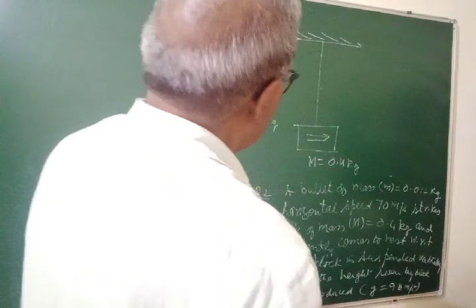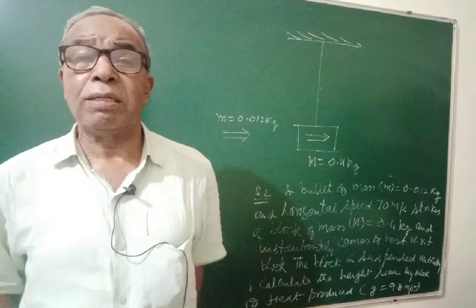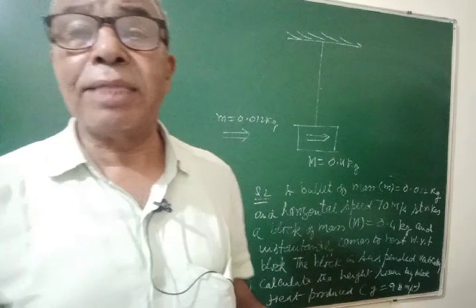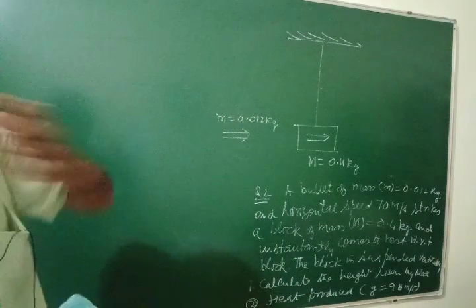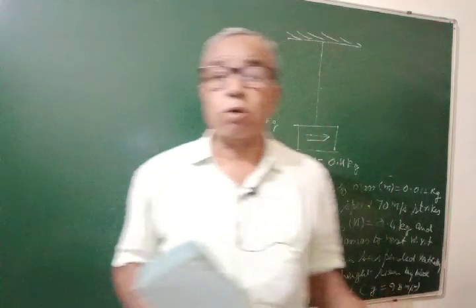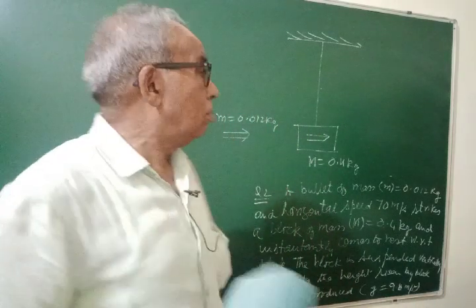So when it comes to rest, it gets embedded into it, which makes it clear that the collision is perfectly inelastic, or plastic, collision. I have given in the notes while teaching inelastic collision: when two bodies after collision get embedded into each other, then the collision is perfectly inelastic.